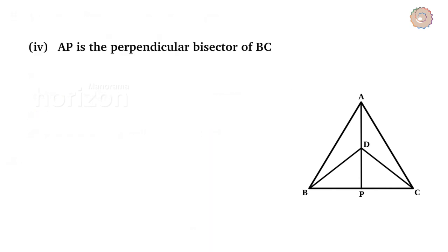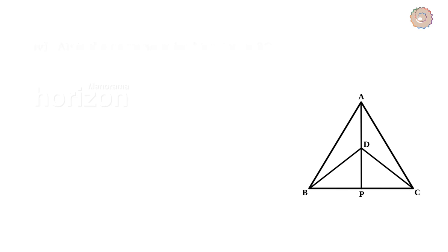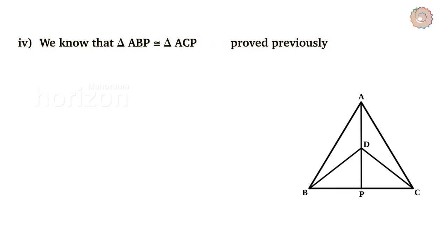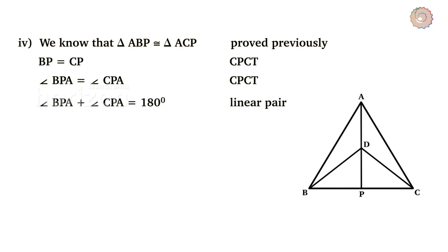Now, let us solve the final part of the question. We know that triangle ABP is congruent to triangle ACP, which was proved previously. BP is equal to CP because corresponding parts of congruent triangles are always equal. Angle BPA is equal to angle CPA because of CPCT again. Therefore, angle BPA plus angle CPA is equal to 180 degrees as they are a linear pair.